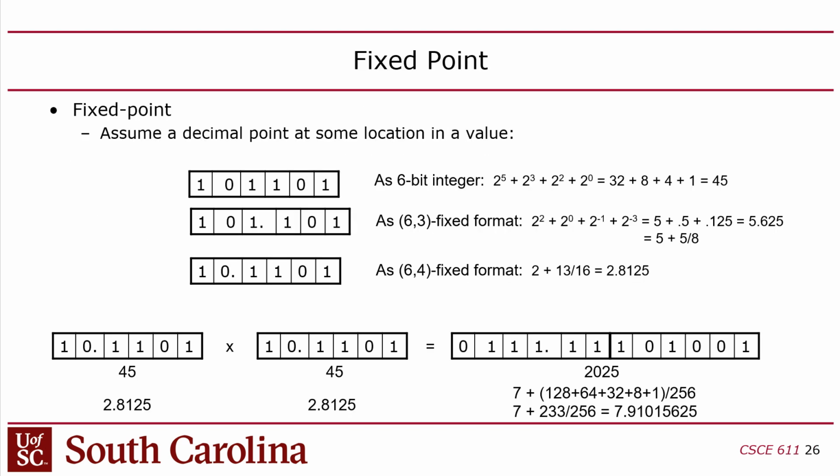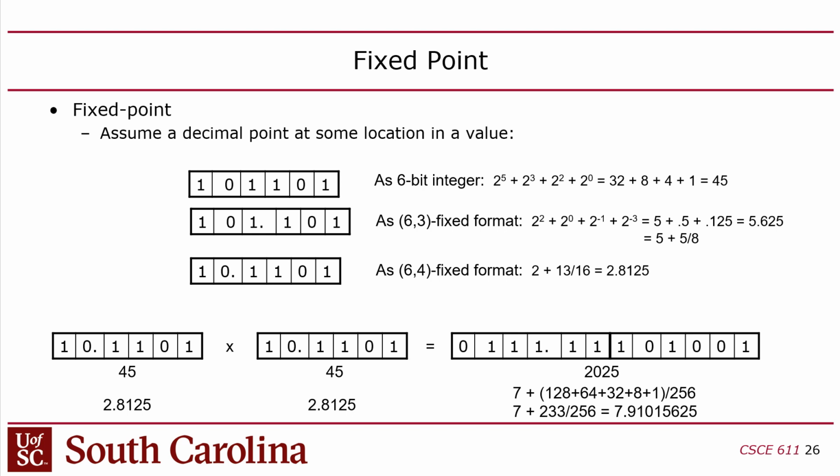Now I'm going to change topics to an application detail that you need to understand Lab 1. Fixed point representation. It's a way to represent fractional numbers using integer hardware. The idea is really simple.